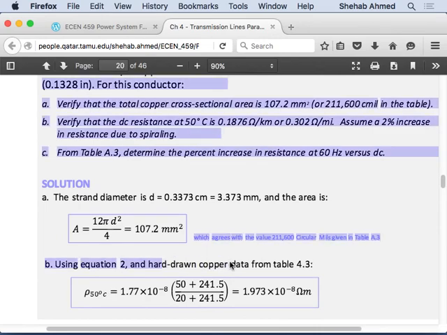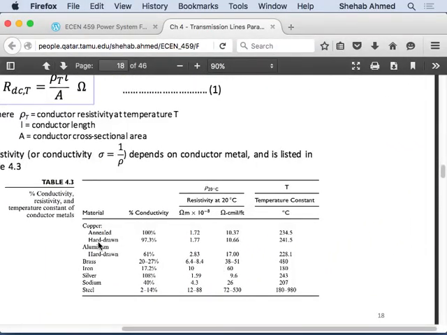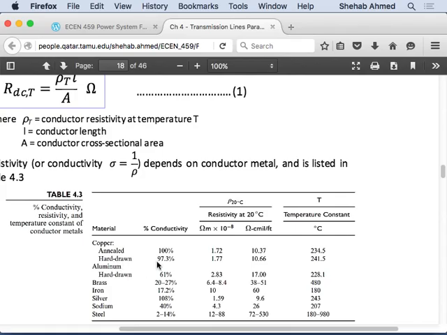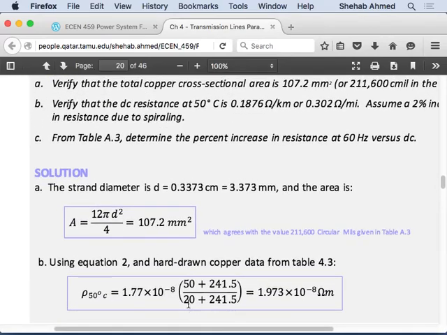So if you go to this table, for hard drawn copper, the temperature constant is 241.5. You go back to your equation, and T1 was 20, and the resistivity is also given from the table, the new temperature is 50 degrees Celsius, and the temperature constant is 241.5. And we calculated the new resistivity.